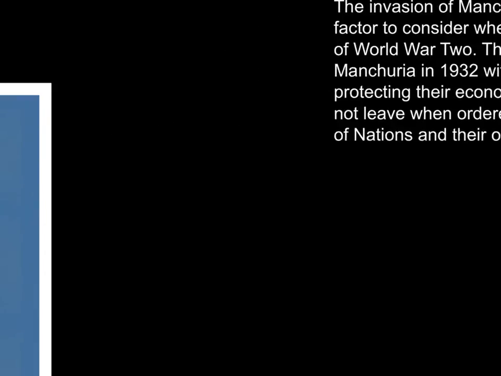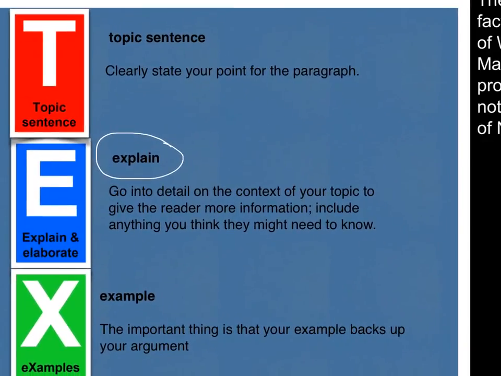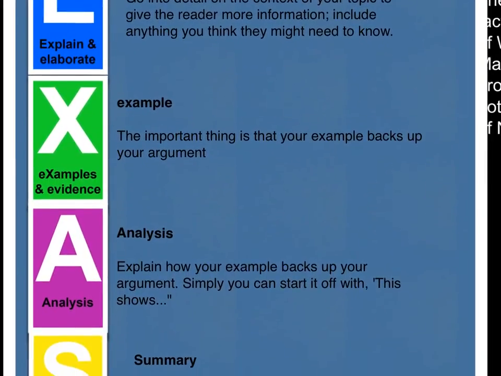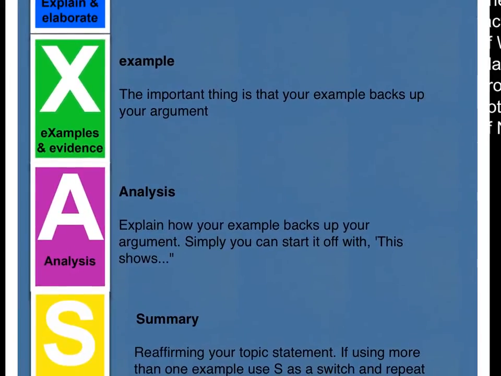So let's move this out of the way again and bring back our poster. And now we're looking at the X, which is where we're going to give an example. So the important thing here is that your example backs up your argument.